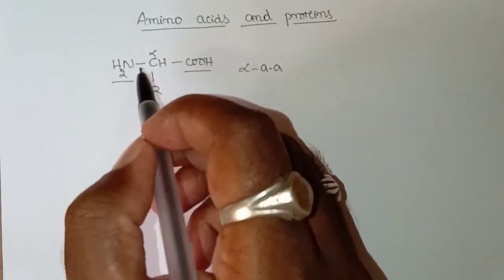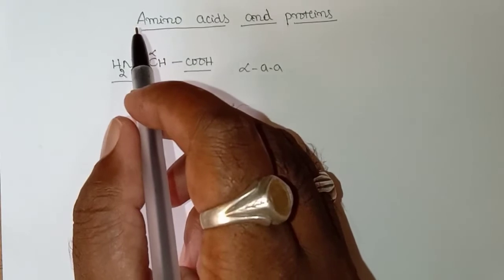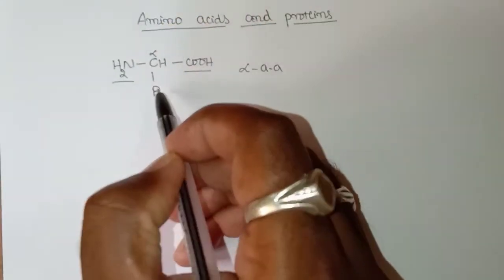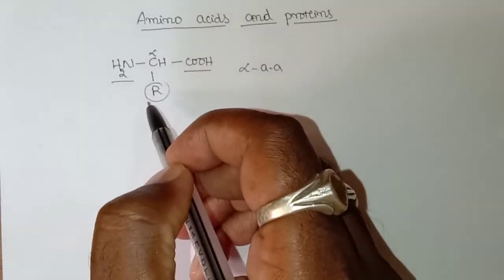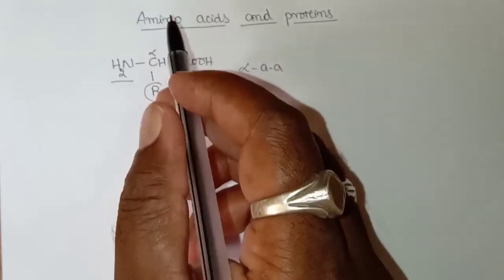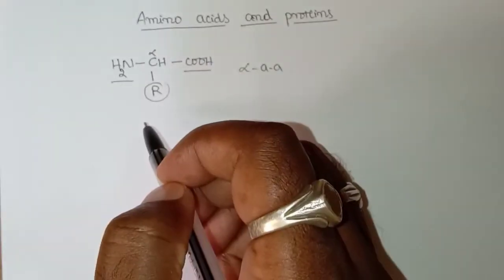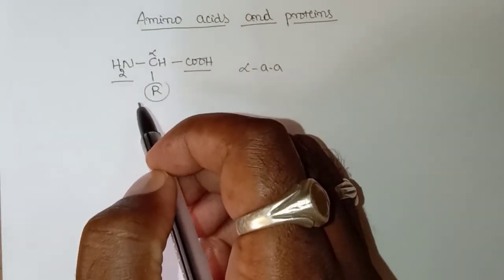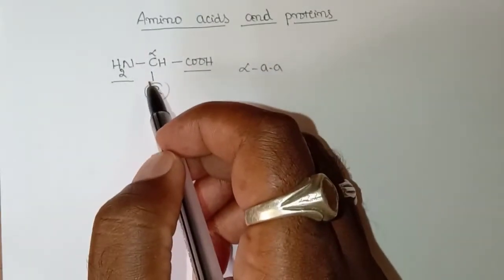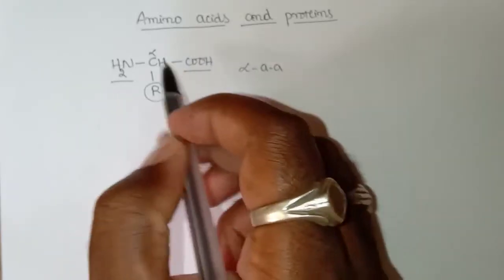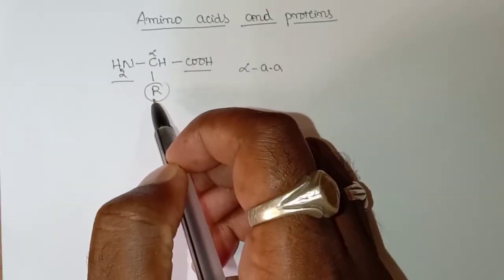And if you know the detailed structures of all the 20 naturally occurring amino acids, in some cases the side chain also has a functional group. Like in aspartic acid, we have COOH. In glutamic acid also we have COOH. And in asparagine and glutamine, we have an NH2 group. So like this, in the side chain also we have a functional group.